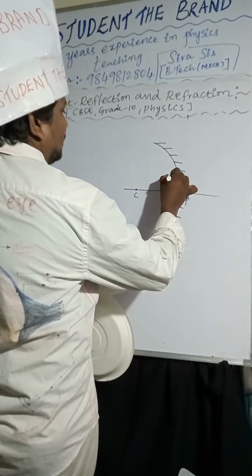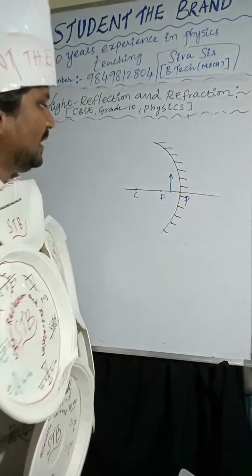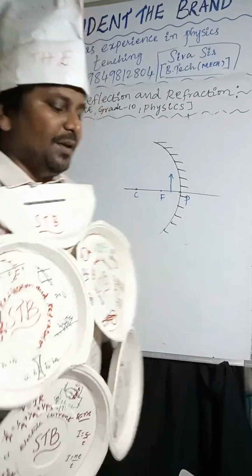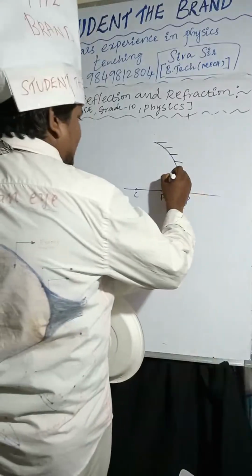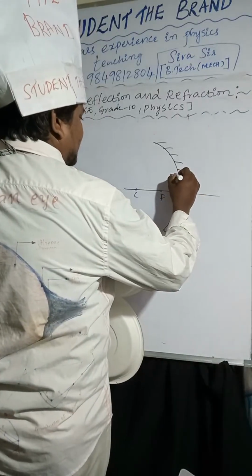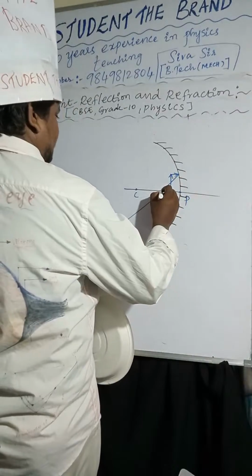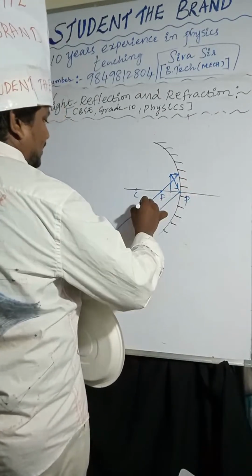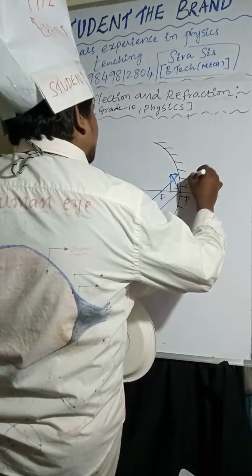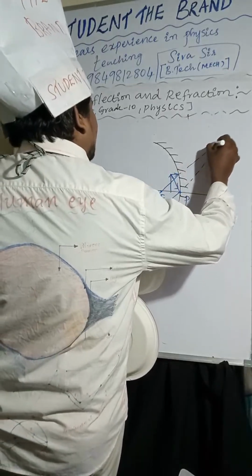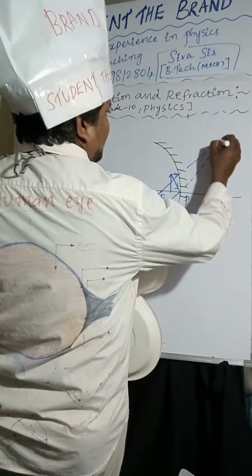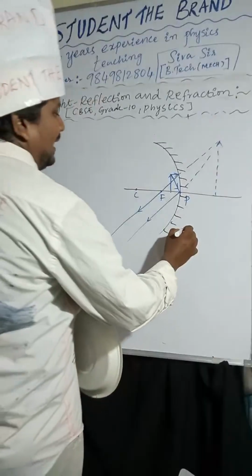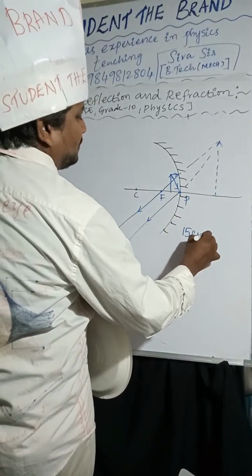If you place the object between F and P, one ray I am taking passes through the focus. Another ray is incident at the pole, so it reflects. If you extend these rays, the image will form here.